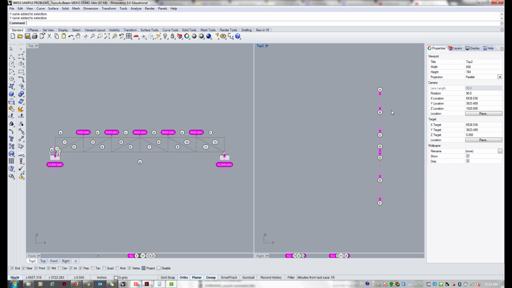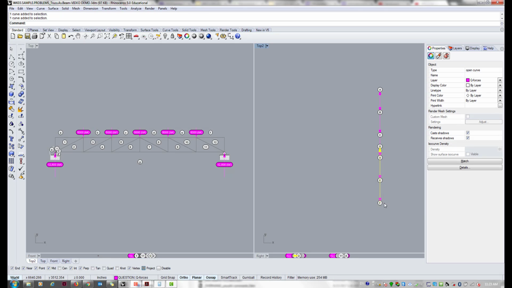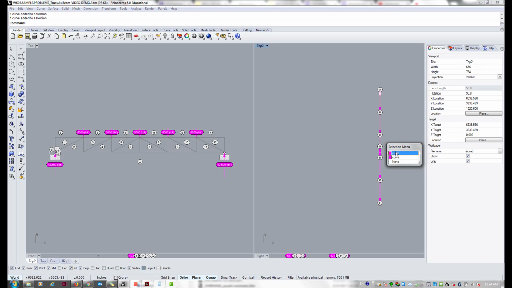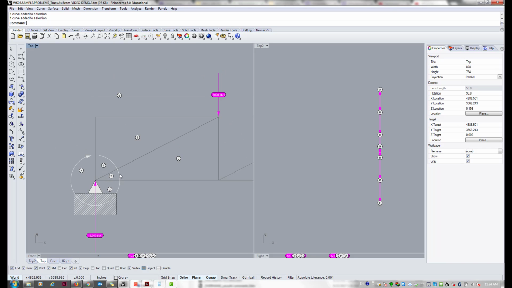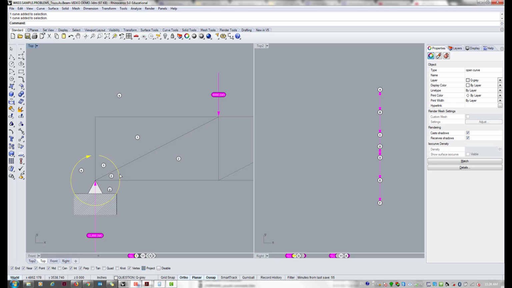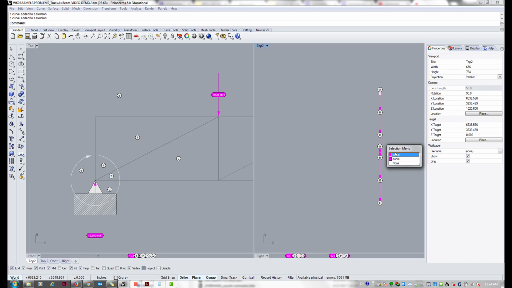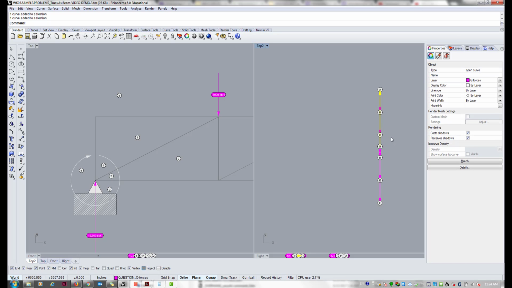So A, B, B, C, C, D, E, F, and then 2 reactions going from F to G and G to A. So that's kind of it. And we're going to look at point by point. If I look at this one, the first one is GA, which is that second reaction here. So that's already mapped.